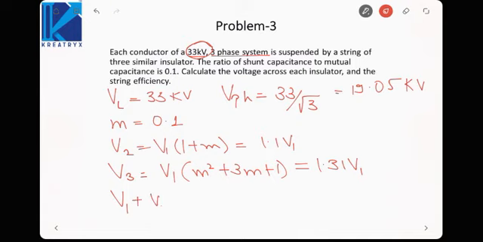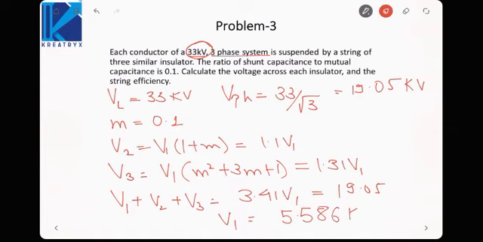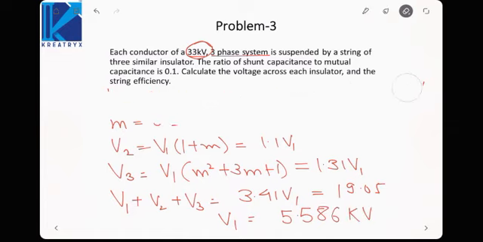So V1 plus V2 plus V3 will be 3.41 V1, which is equal to 19.05 kV. So V1 will be 19.05 divided by 3.41. So this comes out to be 5.586 kV.